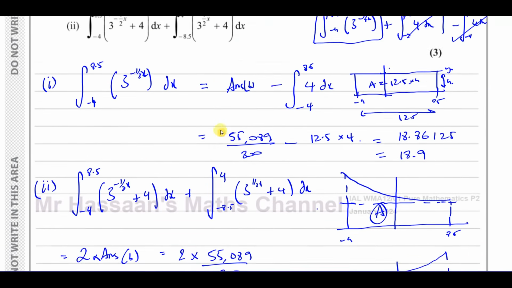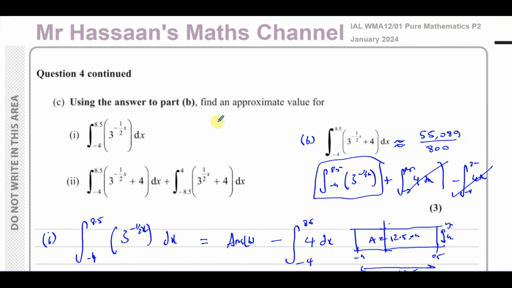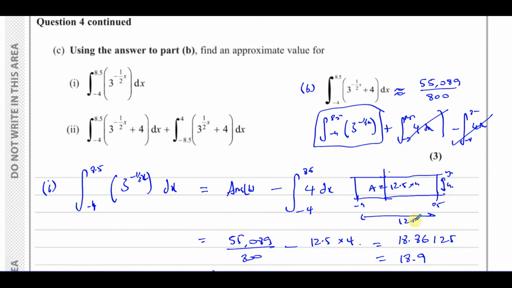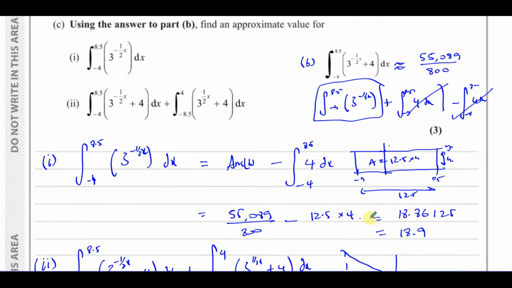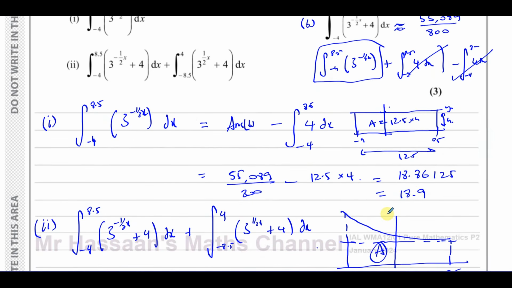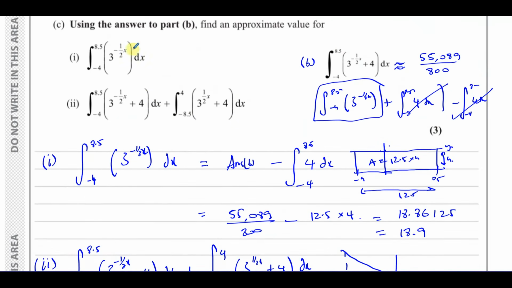Okay, so that concludes this question. They don't expect you to use the trapezium rule all over again. You wouldn't use the trapezium rule for this or for that. You would use the answer to part A, and you would think about how you can adjust what you found to give you the area that you need. So we just have to look at the relationship between these.